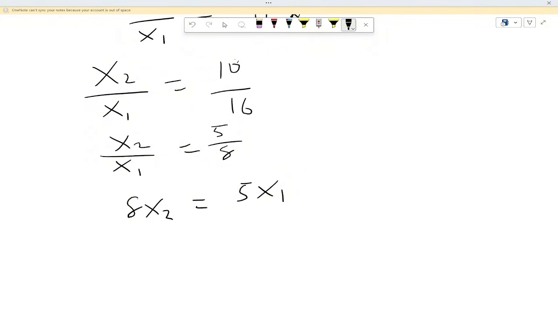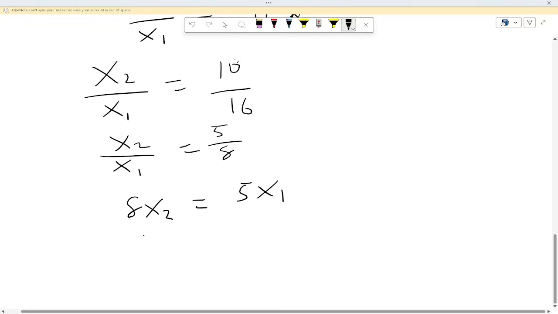So it all depends on which one you want to make as the subject of the formula. They are all going to give you the same result at the end of the day. So let's make x1 the subject of the formula, which of course now you're going to divide both sides by 5. So you have x1 equal to 8x2 all over 5.